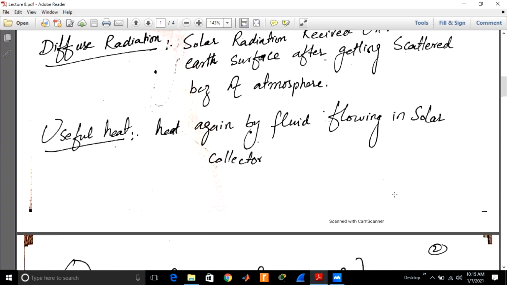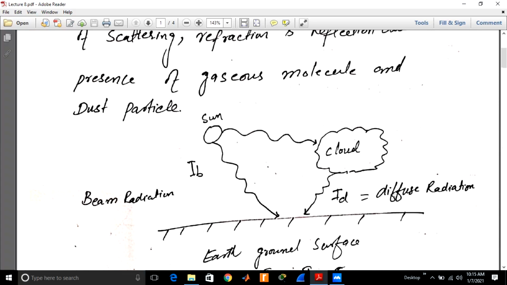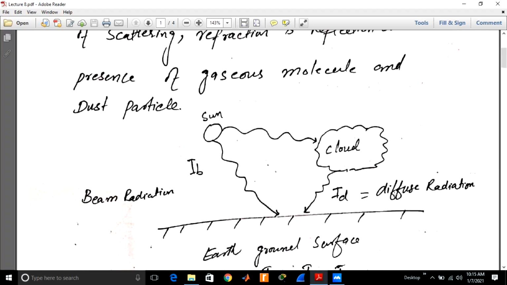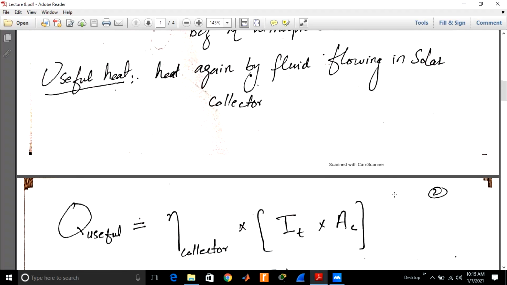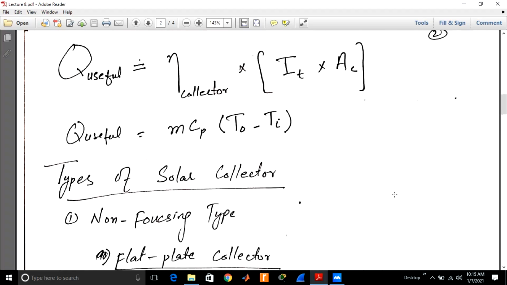So by simple, this is the mathematical formula with which we will calculate the useful heat. There are two formulas, one is this one and the other is this one. Sometimes if they give the specific heat capacity, you can calculate through this formula.